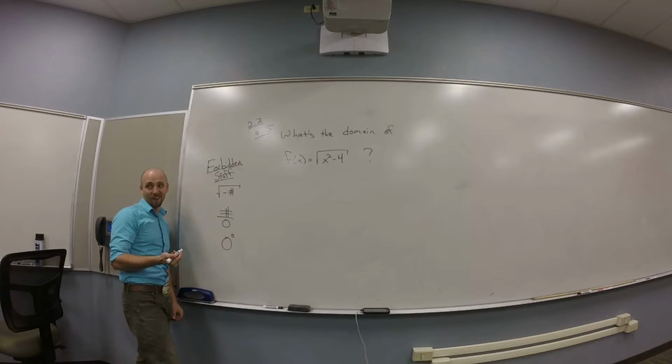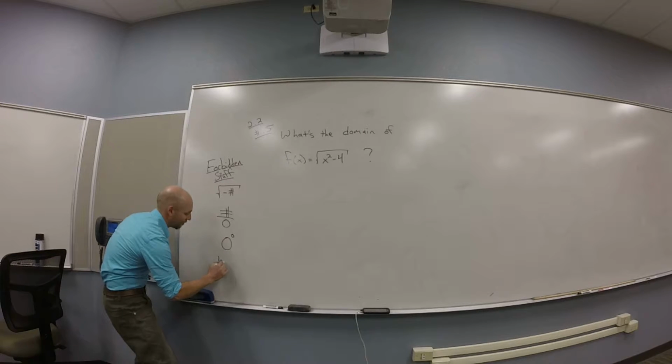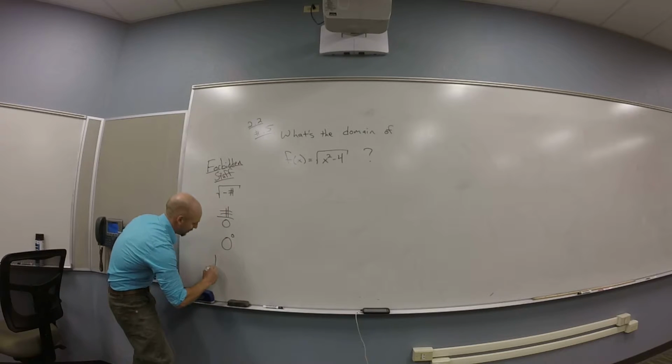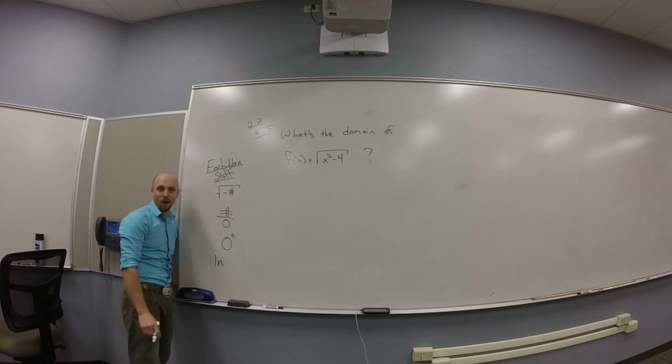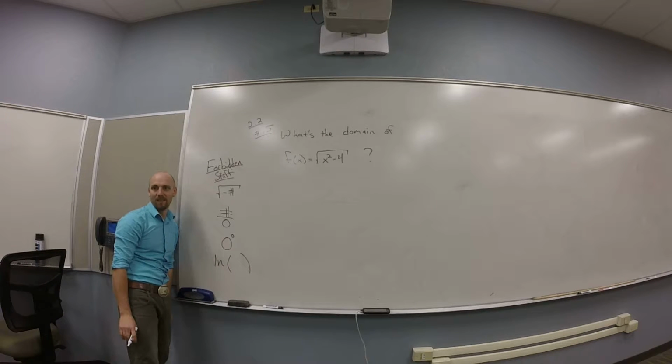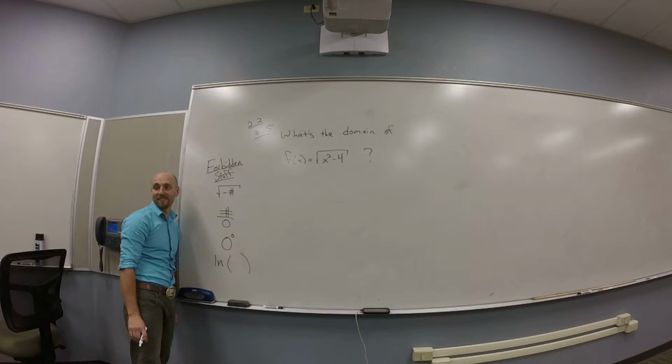One more thing you're not allowed to do. You're not allowed to do log of things that aren't strictly positive. So log of negative numbers, or any of the logarithms.